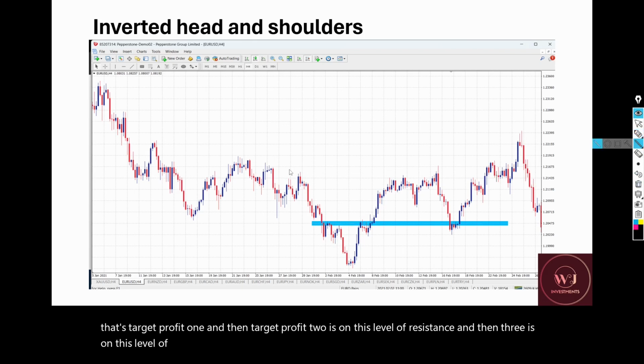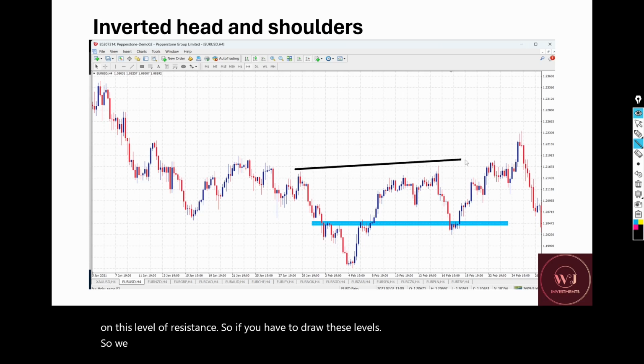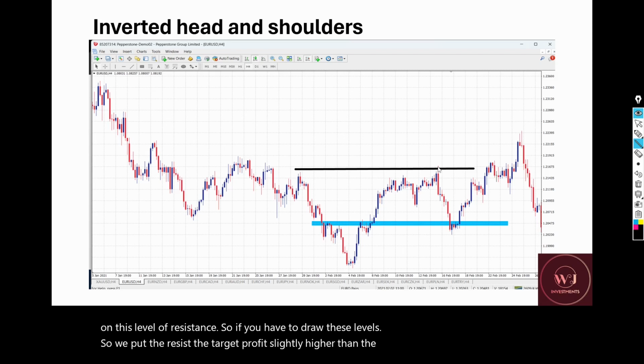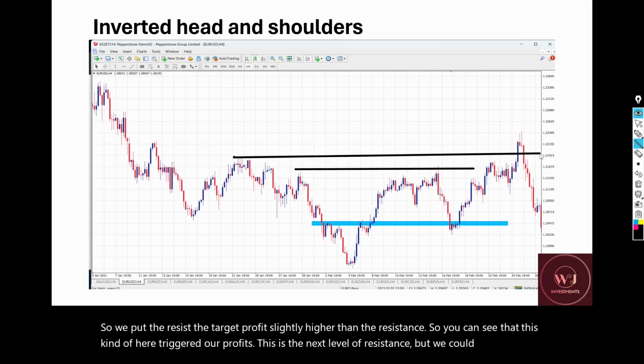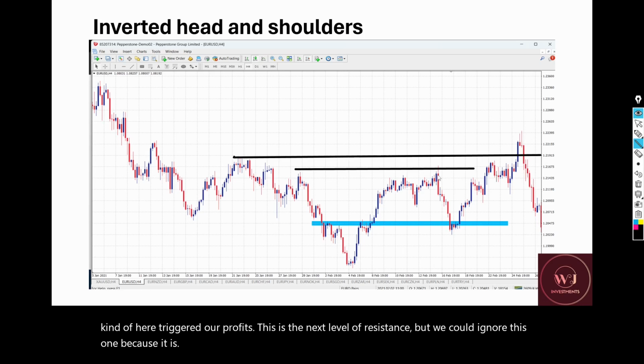So if we are to draw these levels, we put the target profit slightly higher than the resistance. So you can see that this candle here triggered our profits. This is the next level of resistance, but we could ignore this one because it is near to this one.